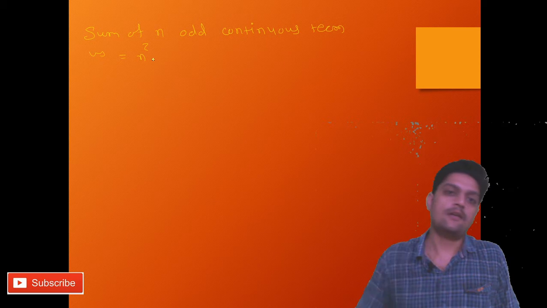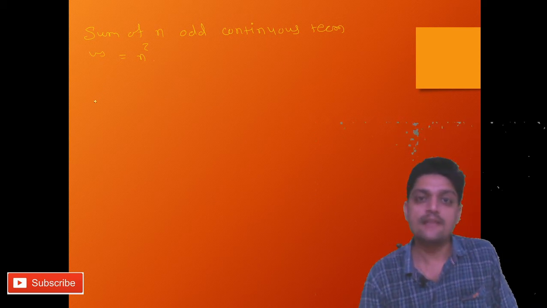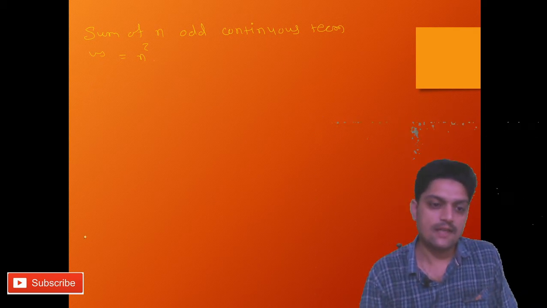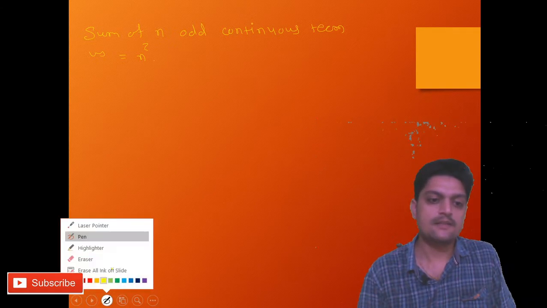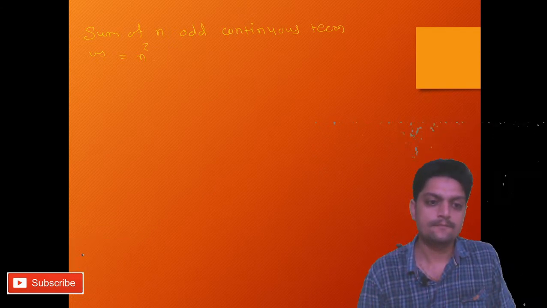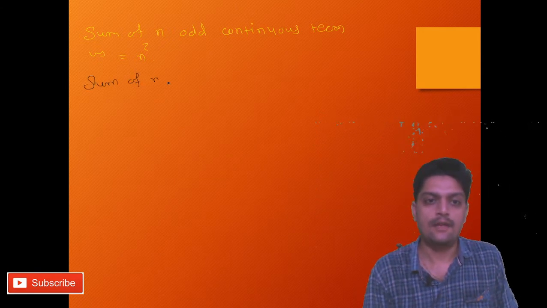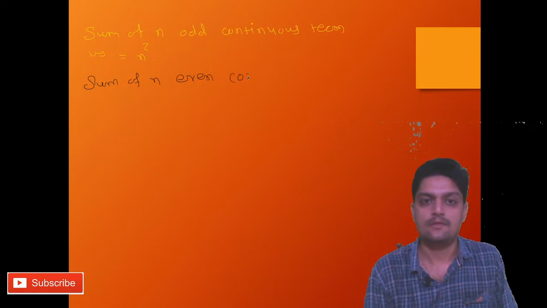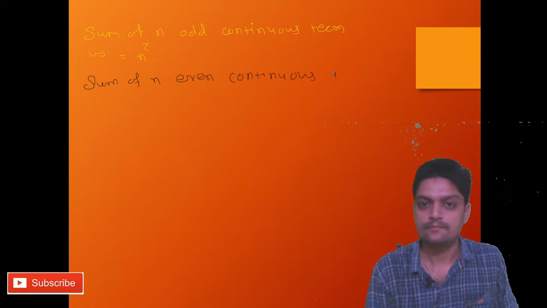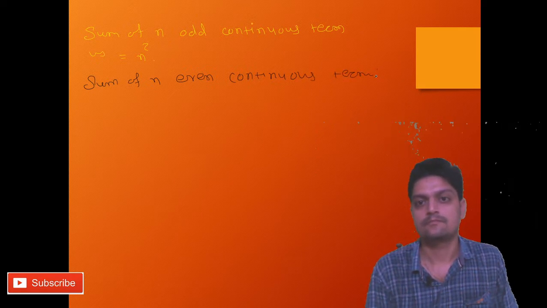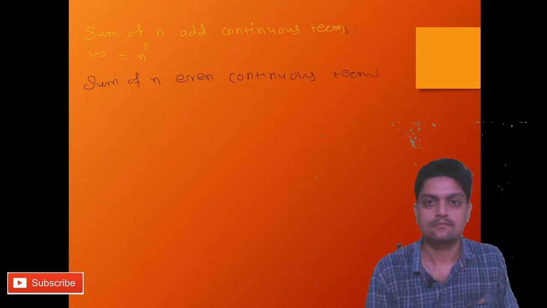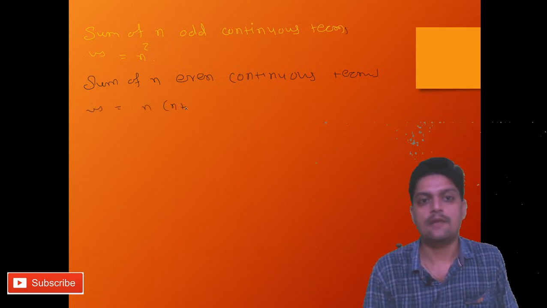Sum of n odd continuous terms is n square. But if they are even, then the sum of n even continuous terms is n into n plus 1.